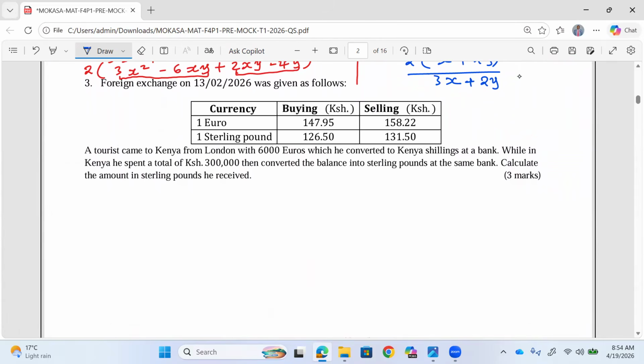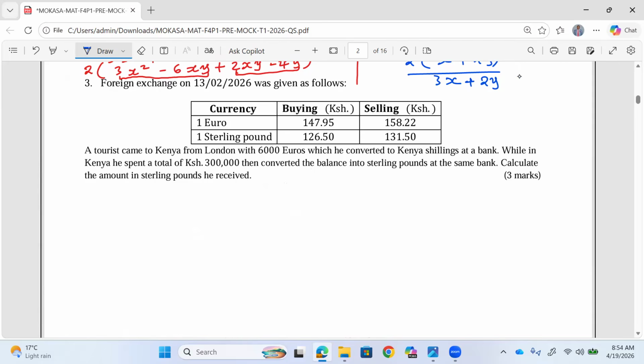Now, a tourist came to Kenya from London with 6,000 euros, which he converted to Kenya shillings at a bank. While in Kenya, he spent a total of 300,000 Kenya shillings, then converted the balance into sterling pounds at the same bank. Calculate the amount in sterling pounds he received.